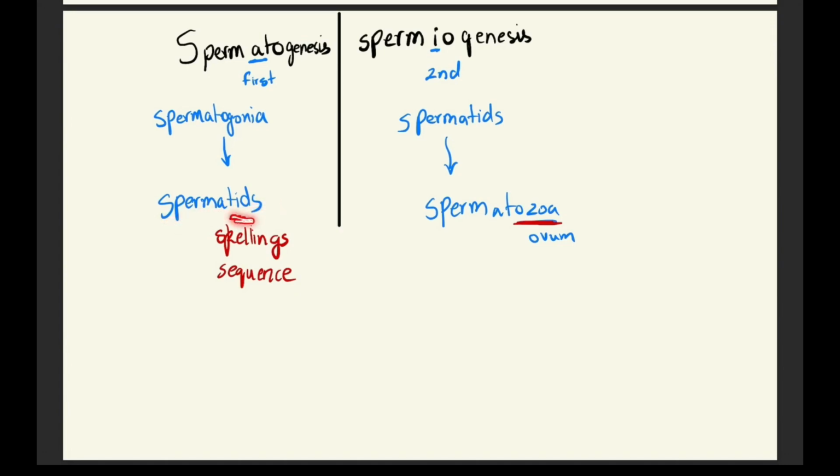Here we have I, which is in spelling sequence earlier than the O. In spermiogenesis, spermatids are converted to spermatozoa, and zoa has the last letters O, Z, O, A, which is like ovum. So remember that spermatozoa is the last product of spermiogenesis, whereas in spermatogenesis we have the last product spermatids. So remember the spelling sequence that in spermatids the I comes before the O.